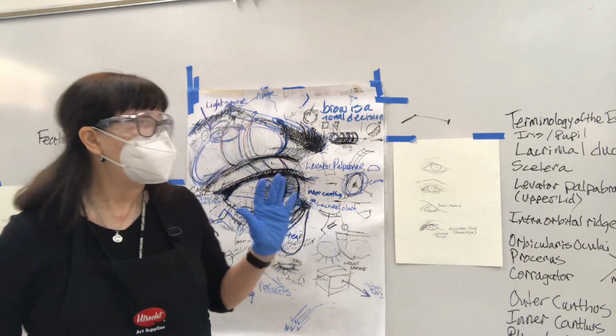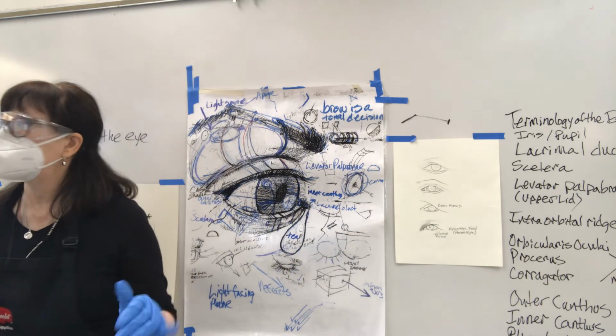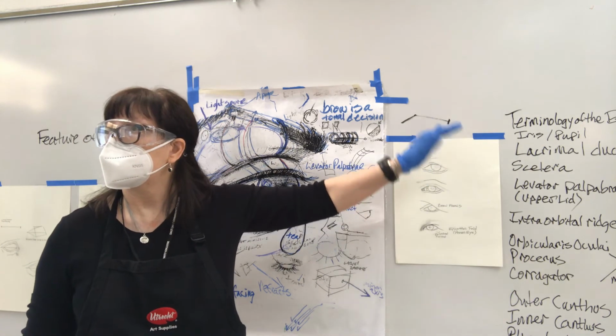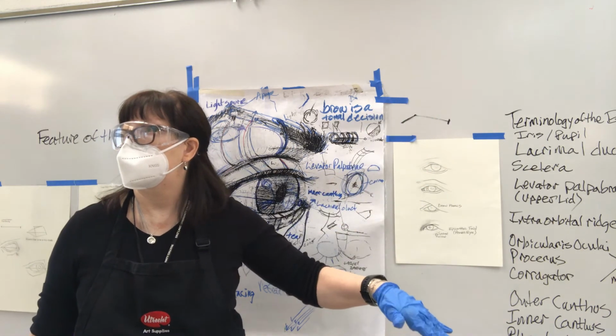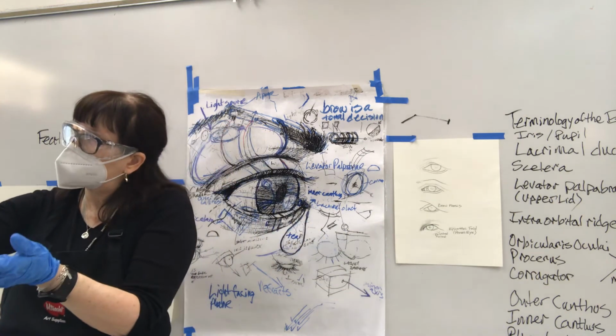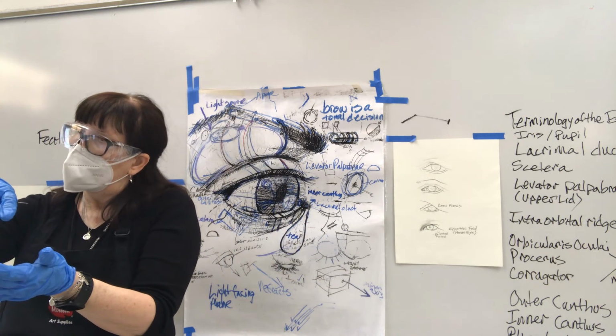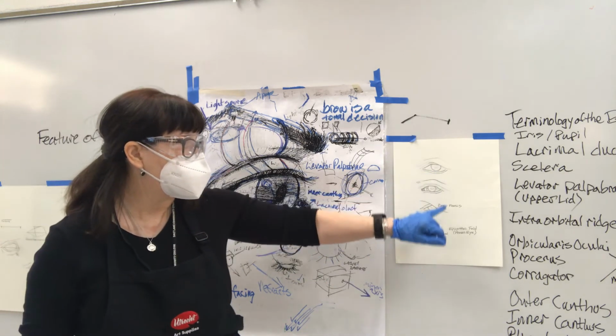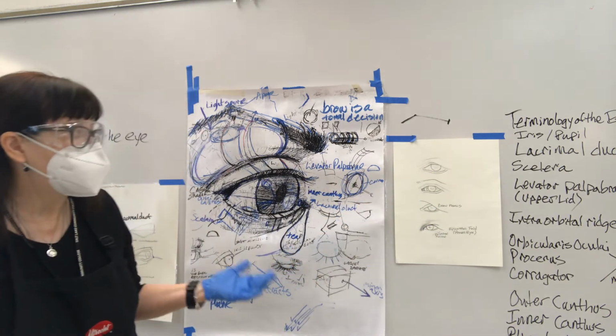Now, as someone ages, sometimes you'll see the eyelid start to do what's called ptosis, and that means that lid starts to come down and just overlap the eye. Okay? So that's ptosis.